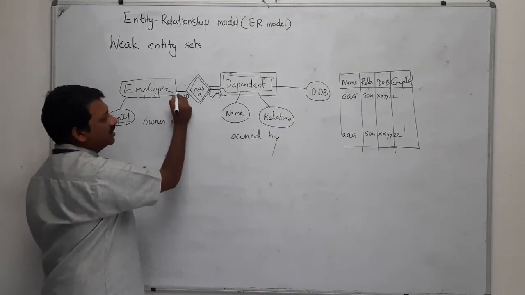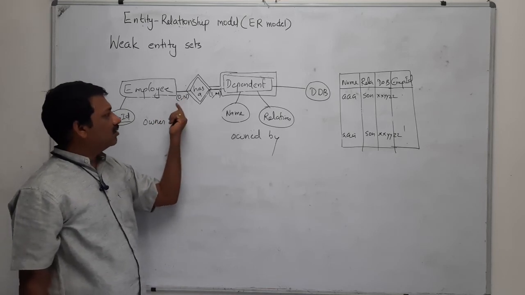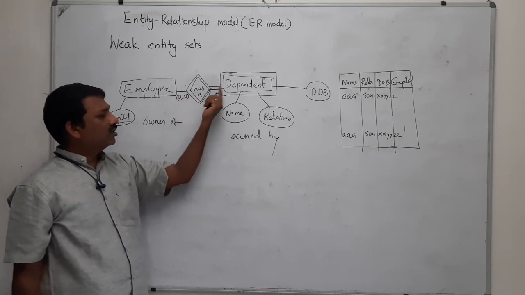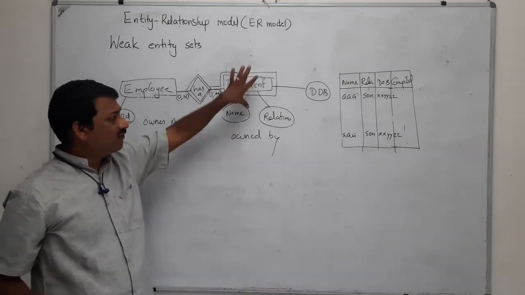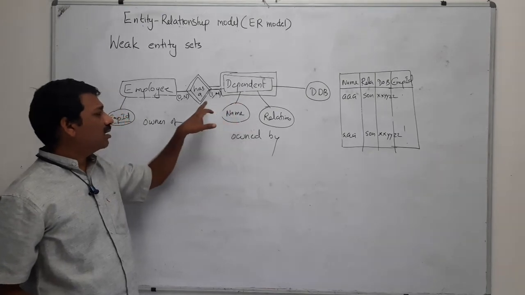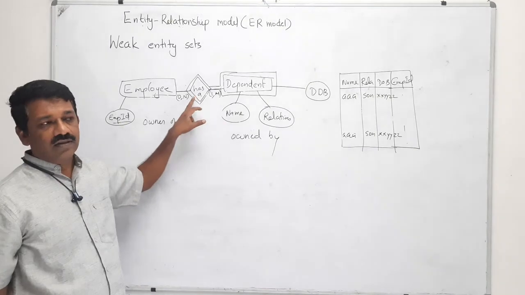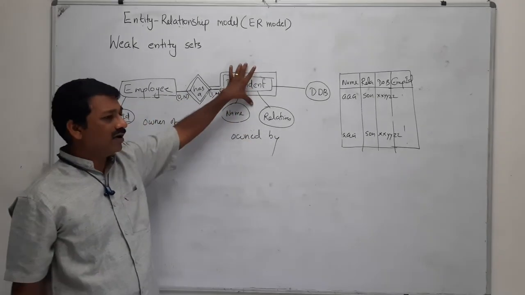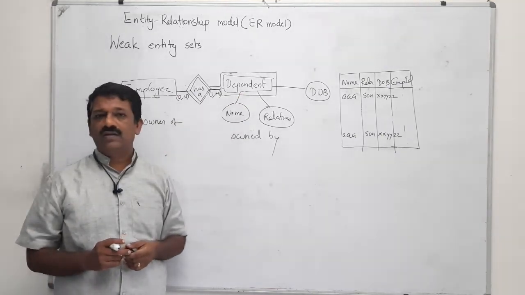So partial participation is drawn using a single line, and total participation using double lines. And if you have a weak entity set, then that should have total participation in this relation. That means if you have a dependent, then there should be an employee connected to that dependent.